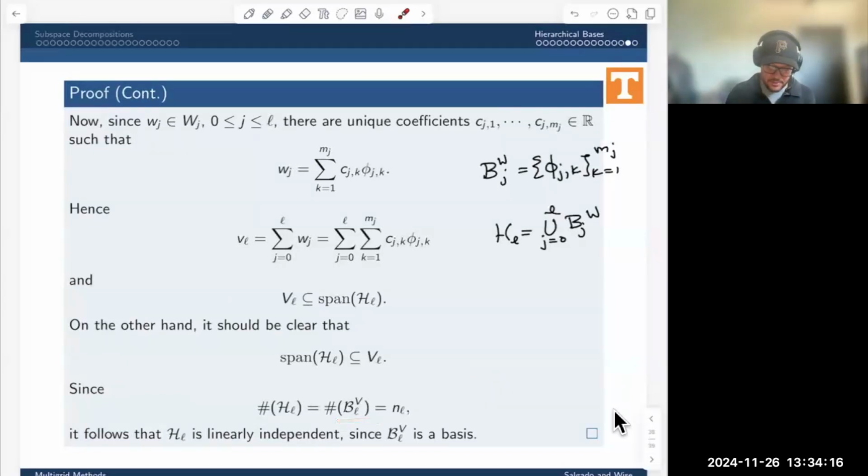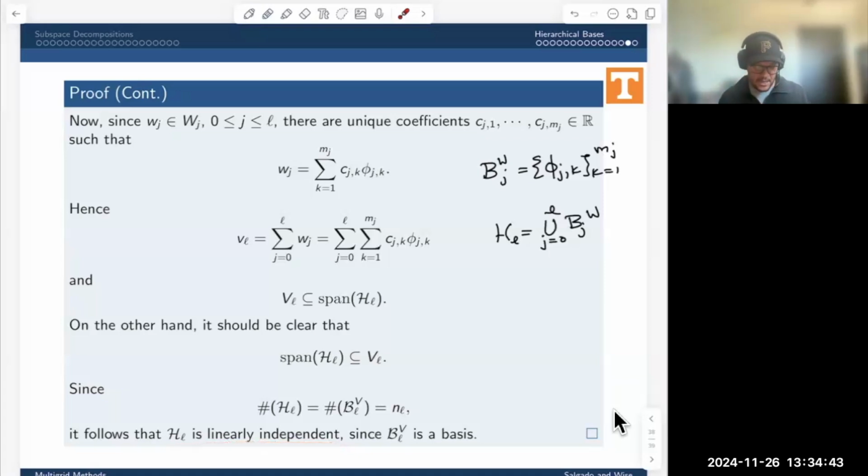There's a little theorem from linear algebra that you may or may not remember: if I have the same number of elements as a basis and both sets span, then this has to be a basis as well, which means that not only is it a spanning set, but it's linearly independent as well.